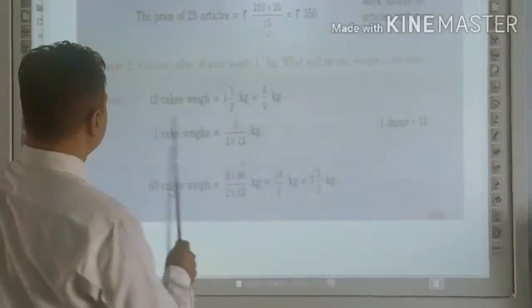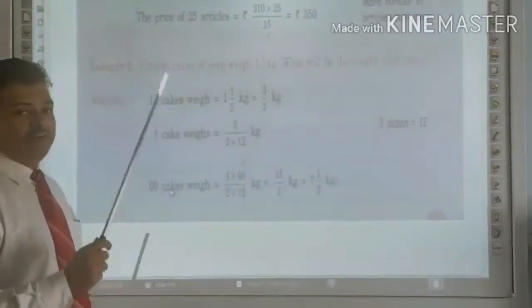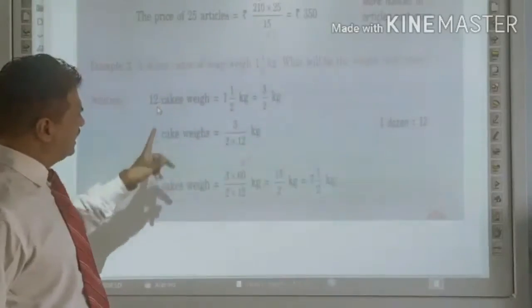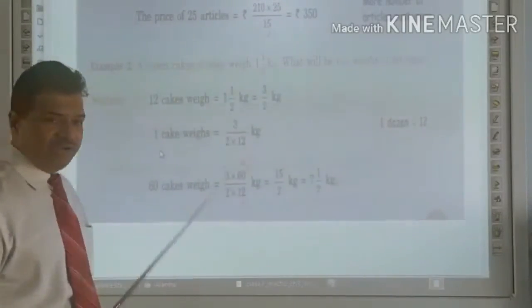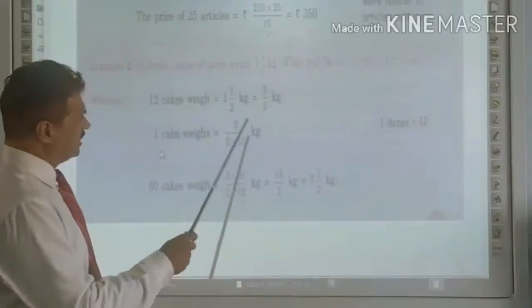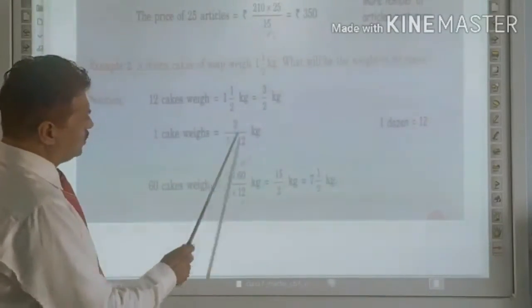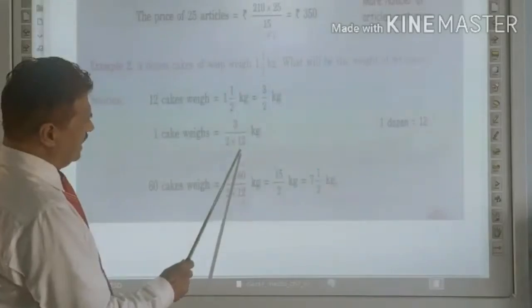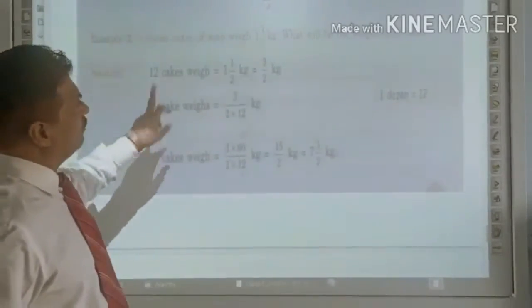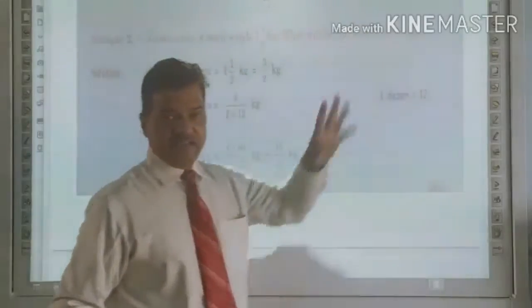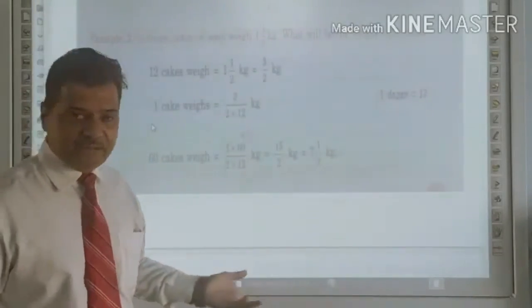When we find 1 from many, we divide. 3 upon 2 divided by 12, with 3 upon 2 in the numerator and 12 in the division position. 1 is given, we want 60. 1 to many, then we multiply.